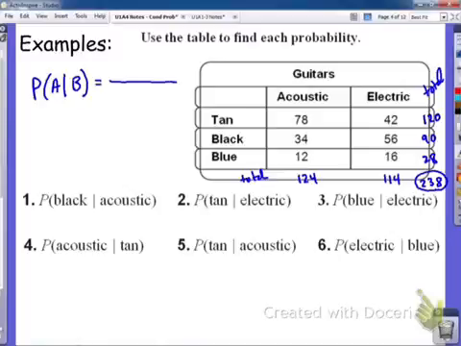It's the probability of A and B occurring divided by the probability of just B occurring.